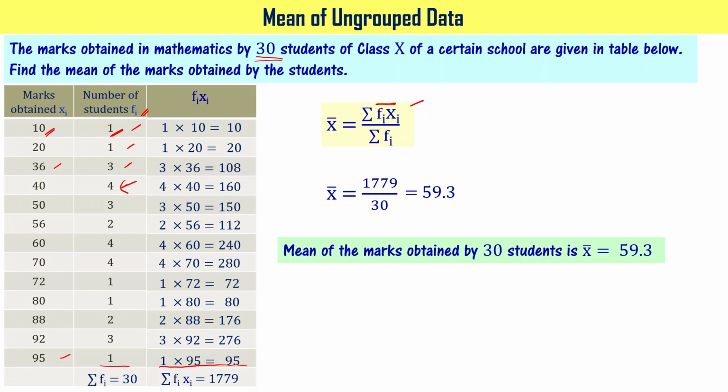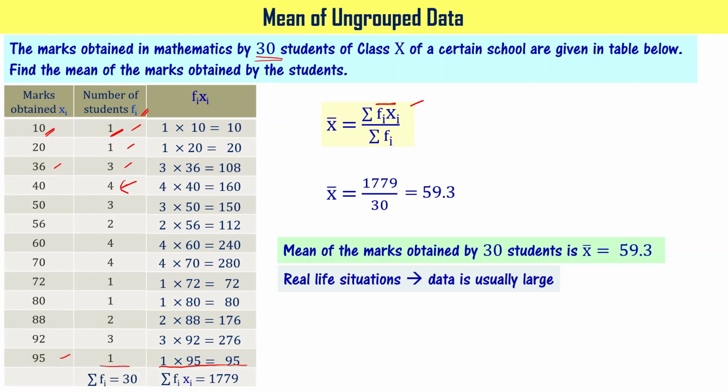The point here you have to note is that in real life situations, you will have data which is usually large. For example, here we have written data for 30 students, right? If you have to write data for 1 lakh students or 2 lakh students appearing for your final exam from your state, then it is going to be a big number, something like a few lakhs.